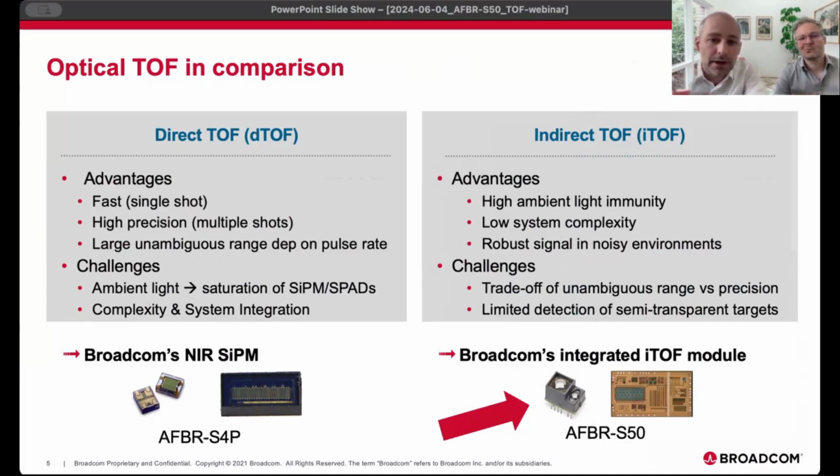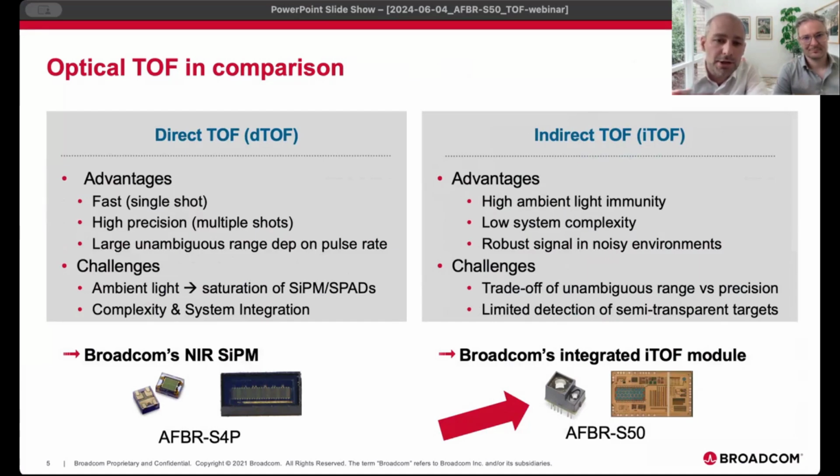So very often for direct TOF, silicon photomultipliers or SPADs are being used. They're excellent in detecting single photons and these very short light pulses, so they can be very accurate, very precise, and are good for long-range lidars. But with ambient light, they usually have a degradation in the range of the sensors.